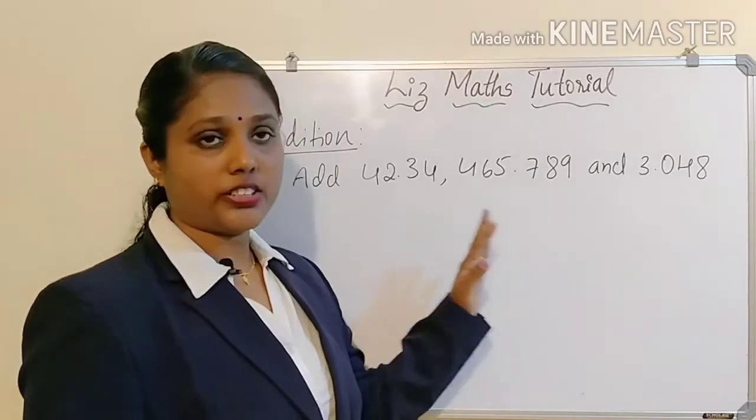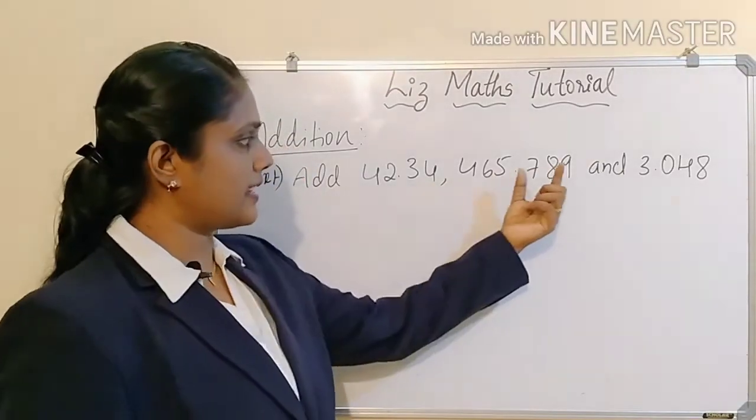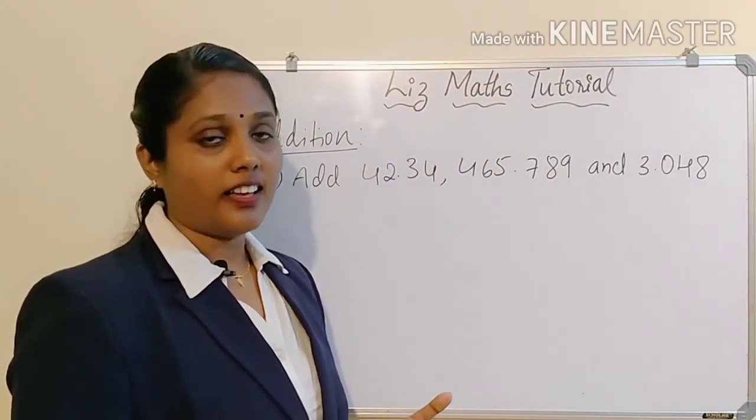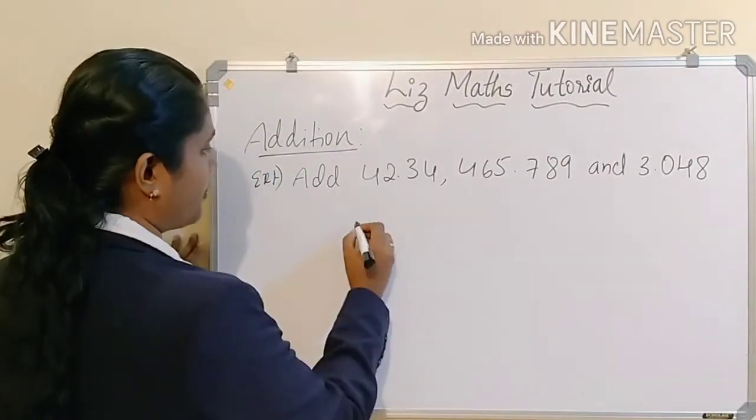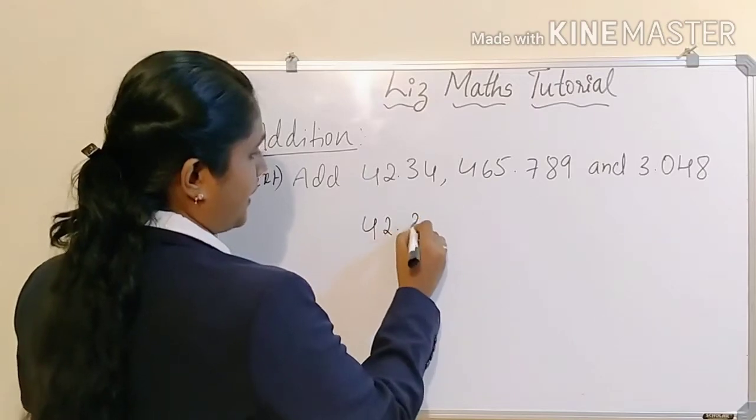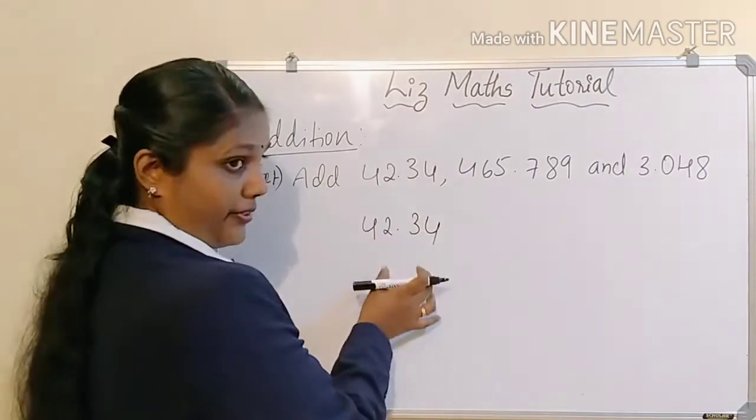See, I have taken 3 numbers. You cannot see here. This is in the like decimals. These are unlike decimals, isn't it? So how to go for adding these unlike decimals? Write the first one.